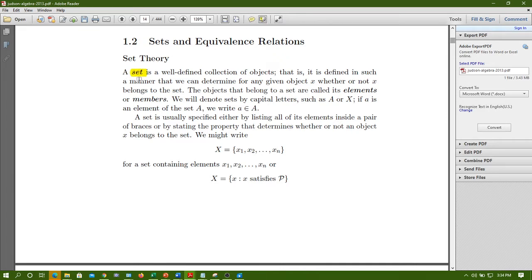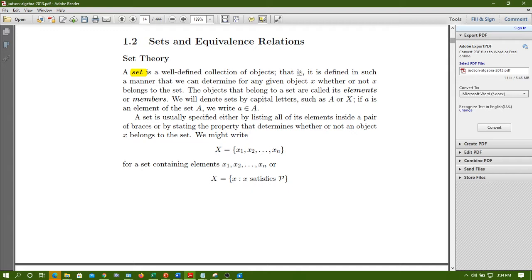I will not be discussing this one, but we'll go over the terms that are probably new to all of us. So set is common. It is a well-defined collection of objects. That is, it is defined in such a manner that we can determine for any given object X whether or not X belongs to the set. That means when we say set, it should be well-defined.